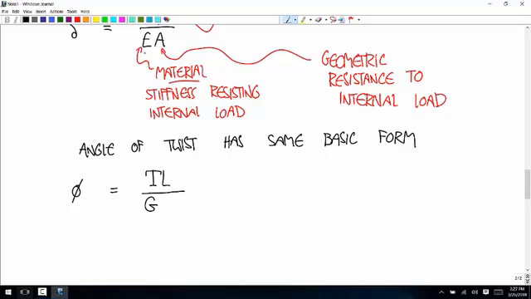And then when you're talking about twisting, what's the geometric resistance to torque? You remember, when we were talking about shear stress due to torque, it wasn't area.